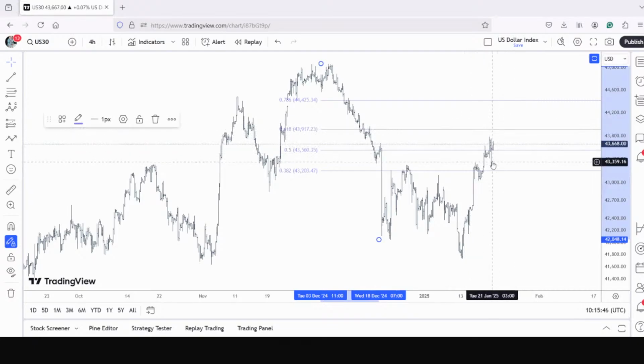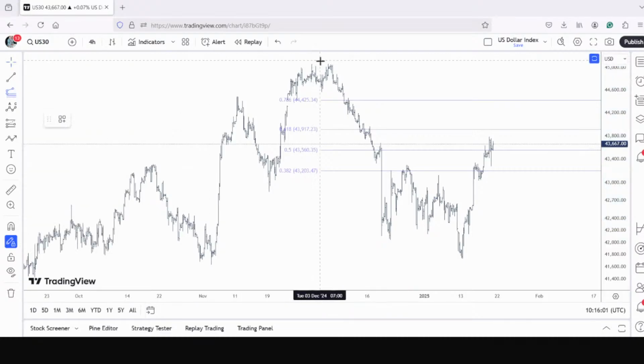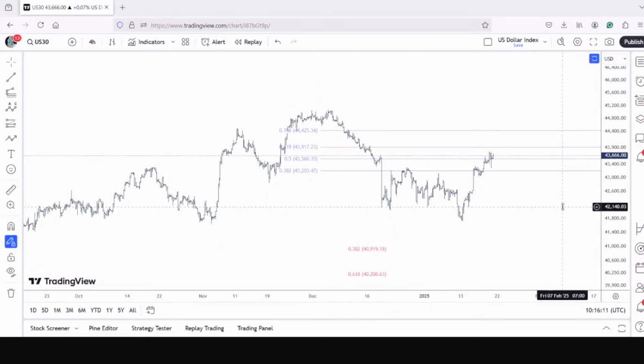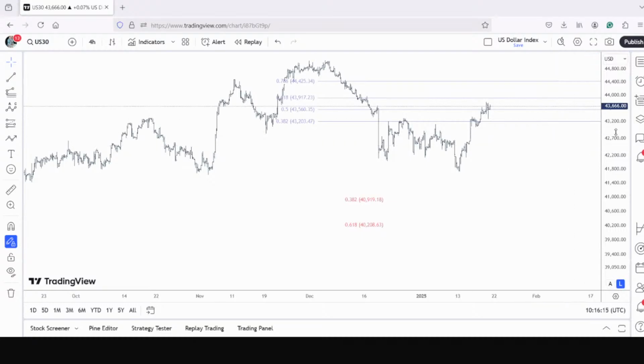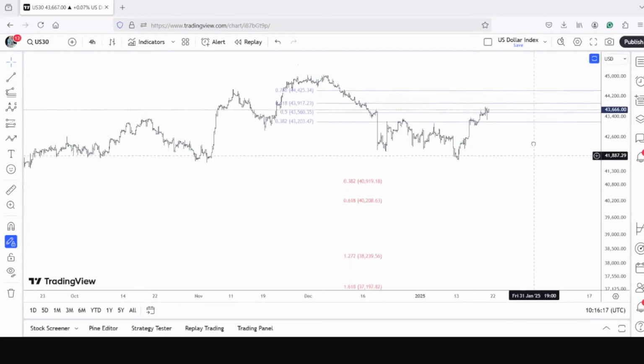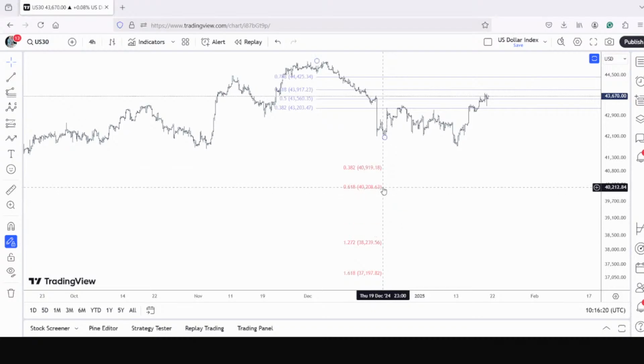We have already entered shorts around 43,700, stop loss over there, 44,000, 45,400 something, and the projected target is now coming up on your screens. It is pointing towards 40,000 and 37,000 respectively.